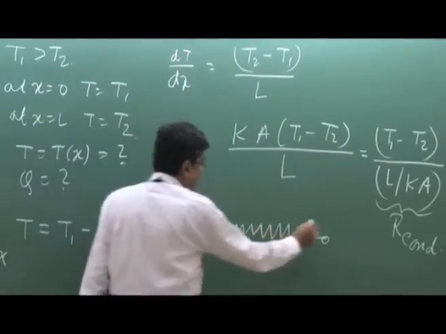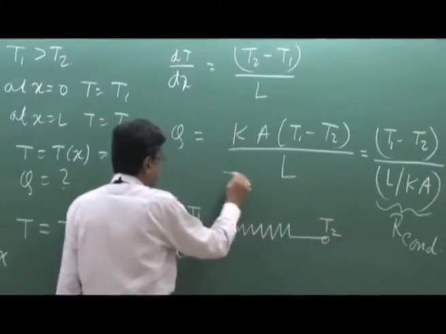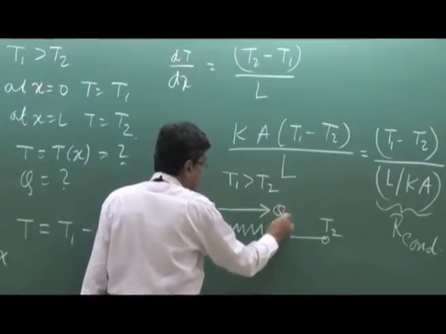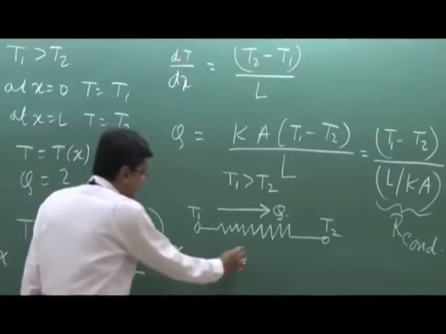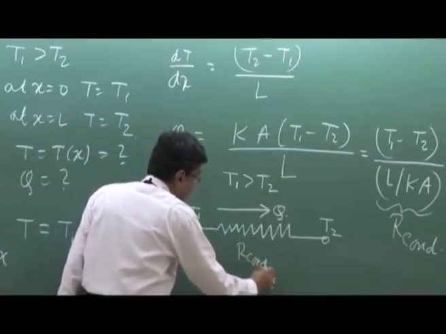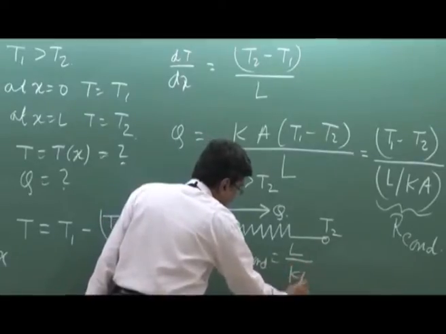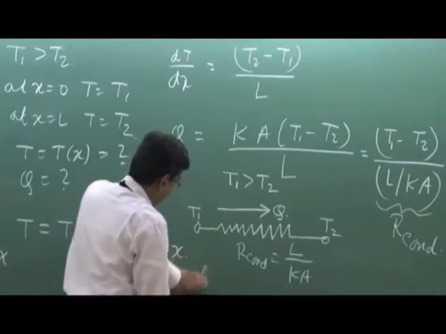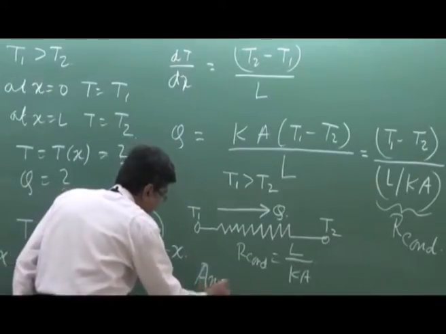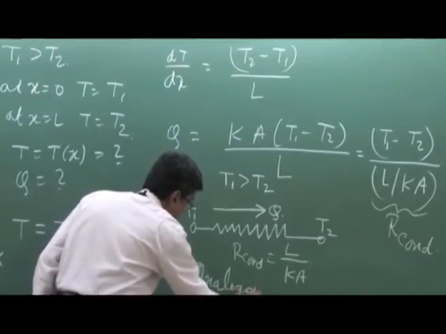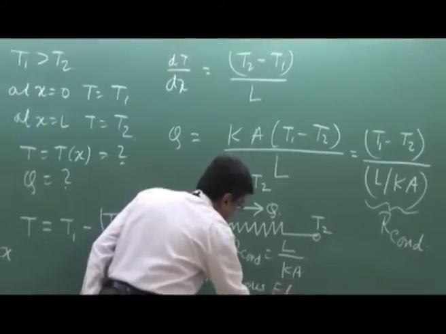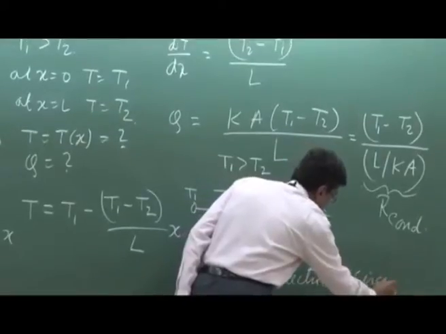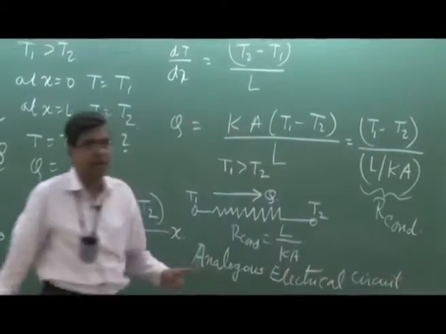This potential is T1, this potential is T2, and T1 is greater than T2, so therefore a heat flux is flowing like this, and this R conduction is equal to L by KA, and it is analogous to an electrical circuit, and it is very simple and similar, identical to the Ohm's law.